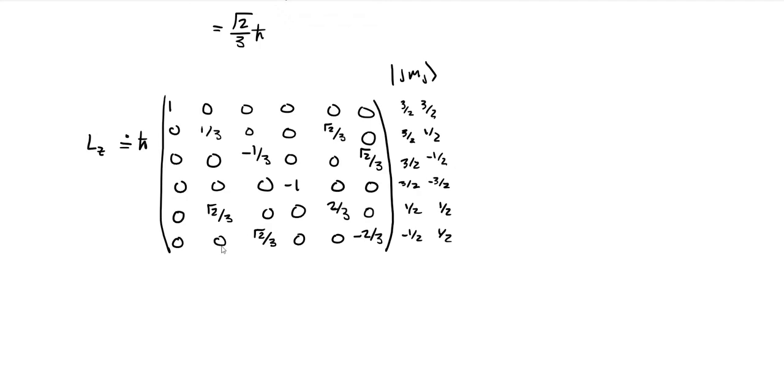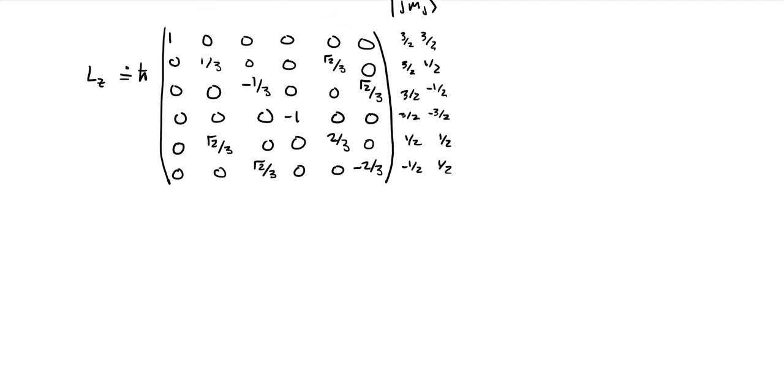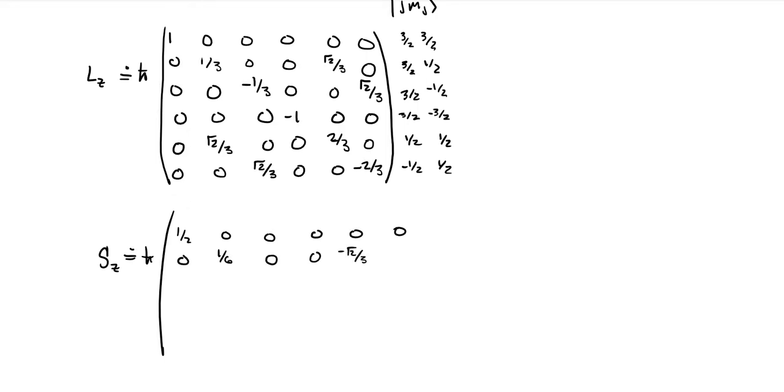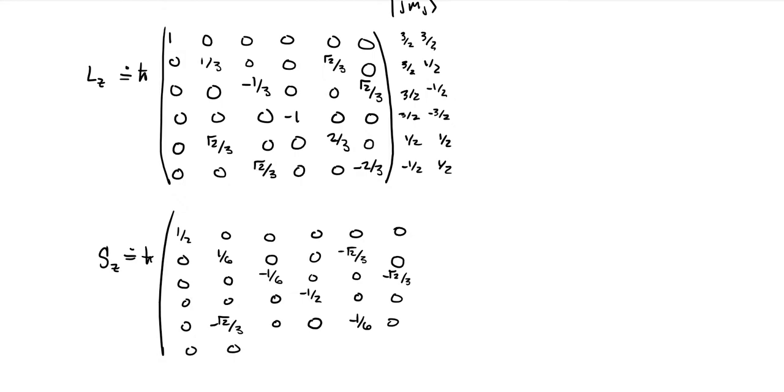Similarly, the S_z operator in the same basis is equal to h bar times the following matrix. Let me try to write this one and speed it up. Again, this is in the same basis, so it's the same order of basis vectors.